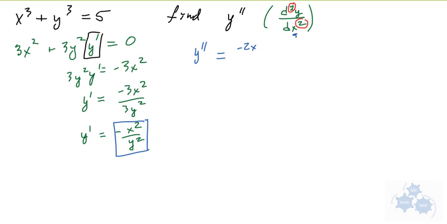Negative 2x times the bottom, y squared. So derivative of the top times the bottom minus the top times the derivative of the bottom, which is going to be 2y times y prime, because y is not our preferred variable, all over the bottom squared.